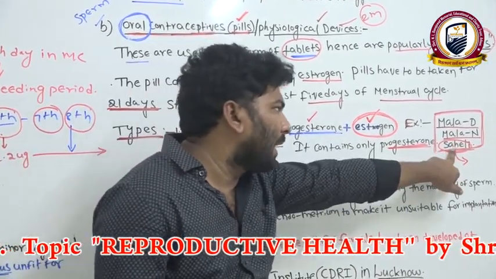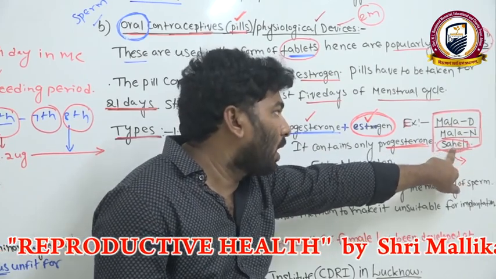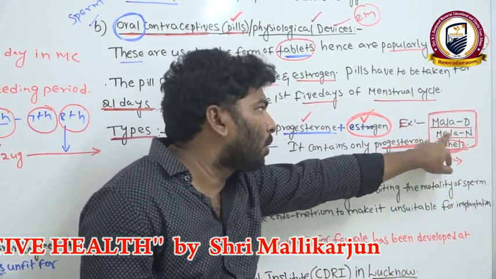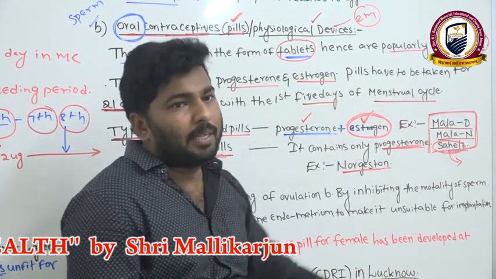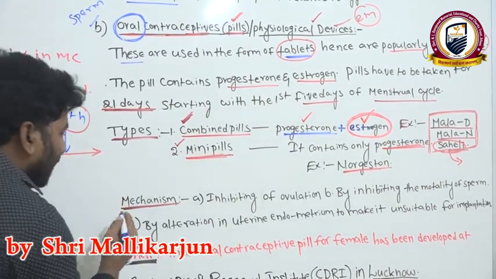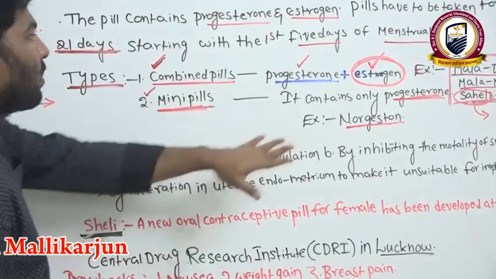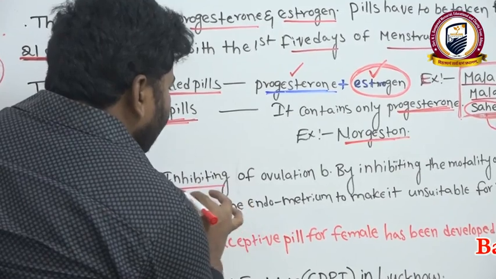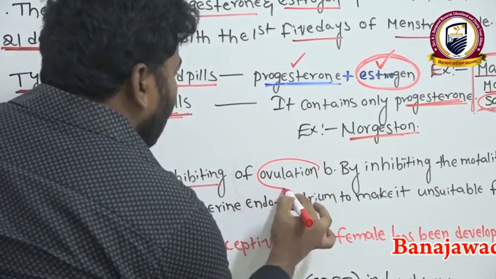That's why we call it a non-steroidal oral contraceptive. It has very few side effects compared to Malayan and Mala D. Okay, now we'll see the mechanism of action of all these pills. First one, inhibiting the ovulation.